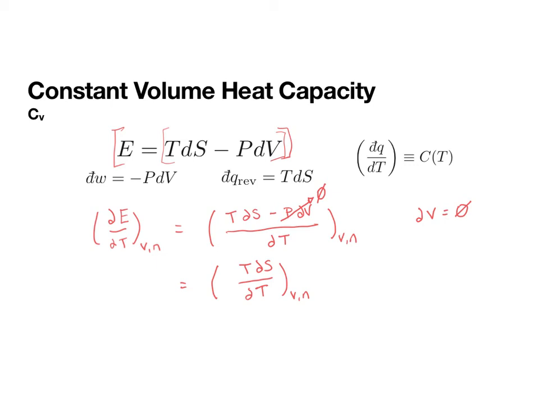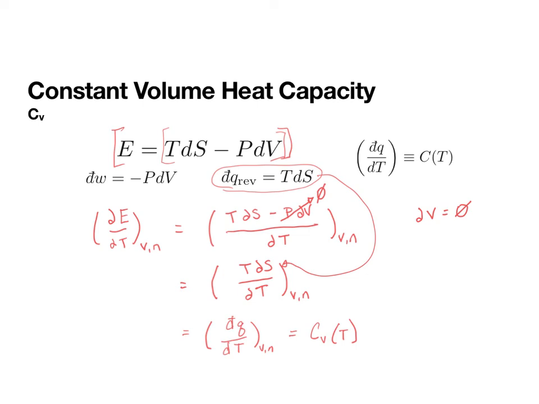Now, we already said that TdS is the same thing as dq, so I can substitute this in: dq, and I'm going to turn these to d's now, over dT, V comma N. And we said that this relationship that we just got is defined as C, so C_V(T).